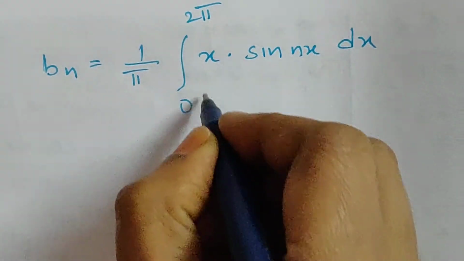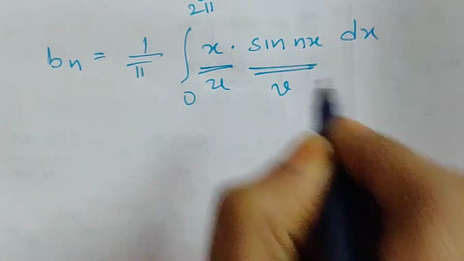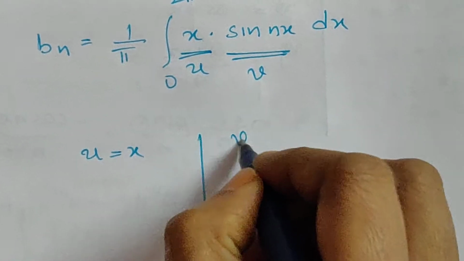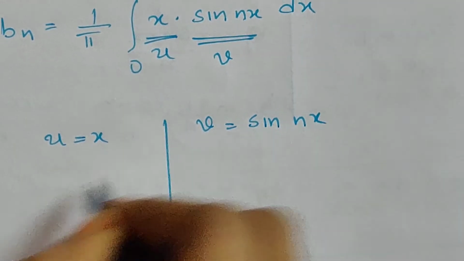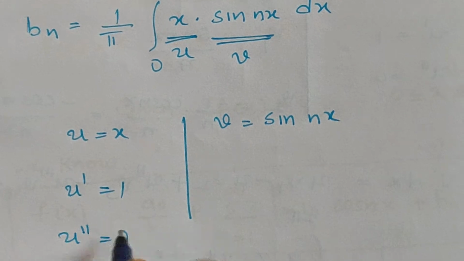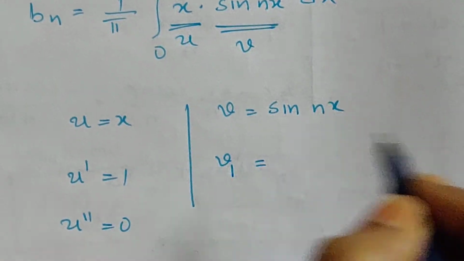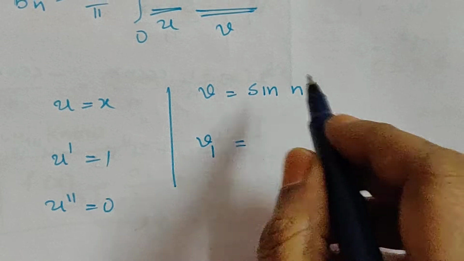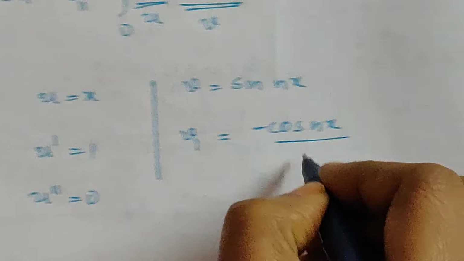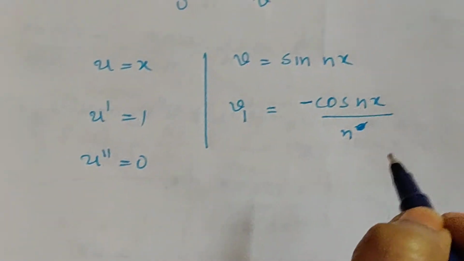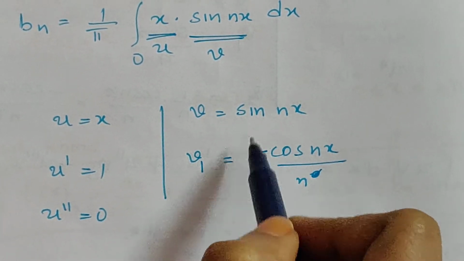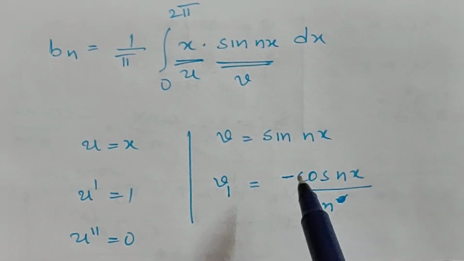Here u is x, v is sin nx. So u equals x, v equals sin nx. For u, the derivative is 1, and u double dash is 0. For v, the integration v1: for sin, the derivative is cos, and the integration is minus cos nx by n. If you keep it like this, you may get a doubt: is the integral of sin minus cos or cos?